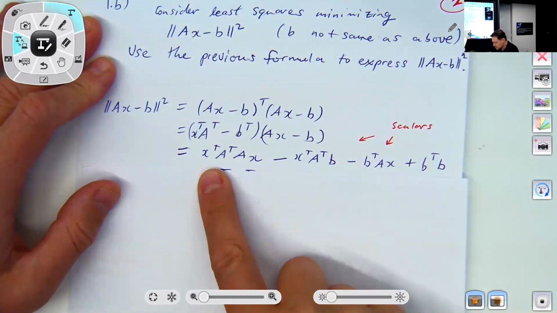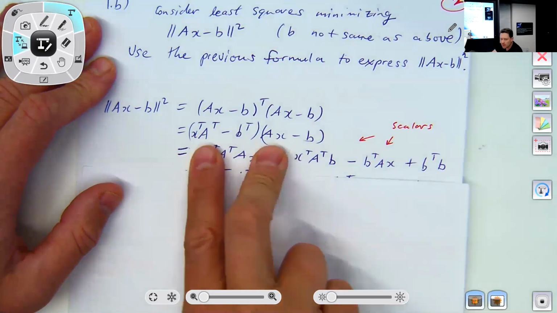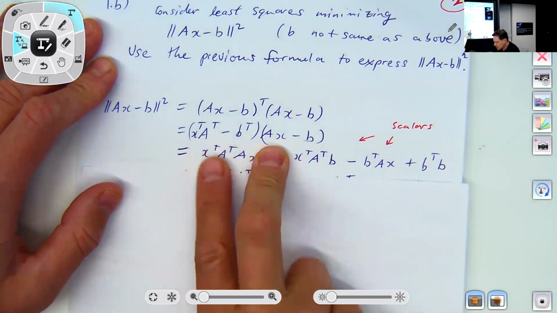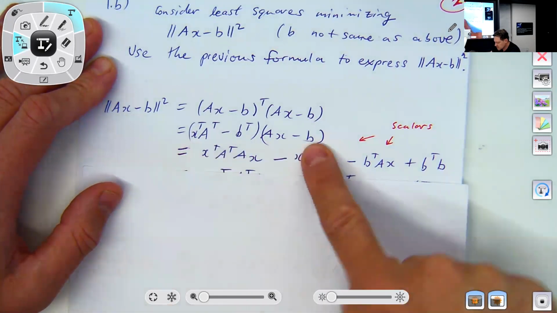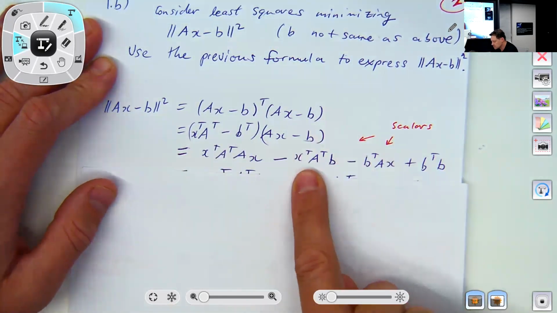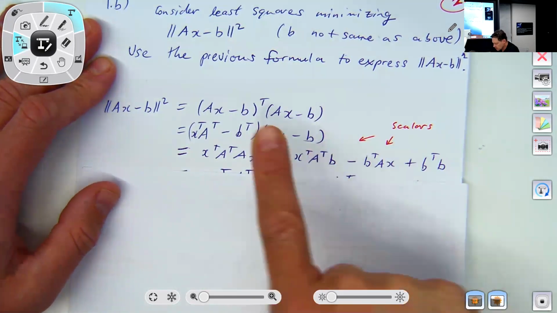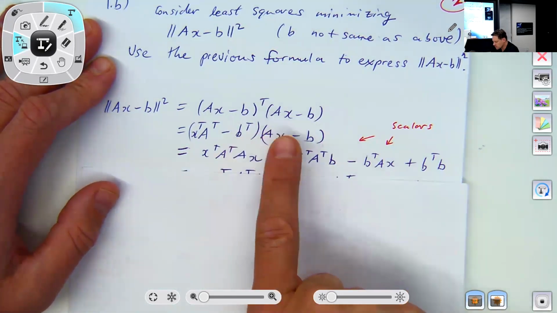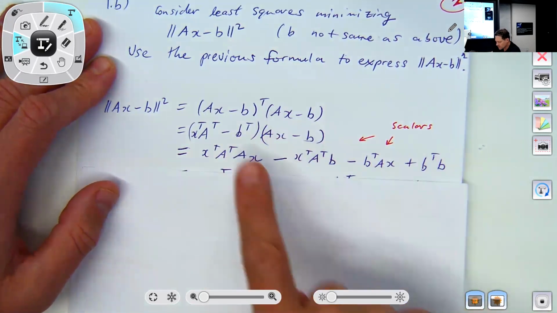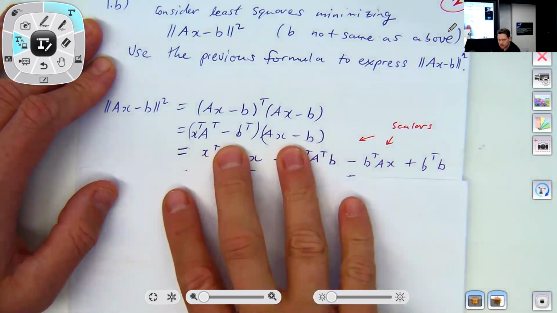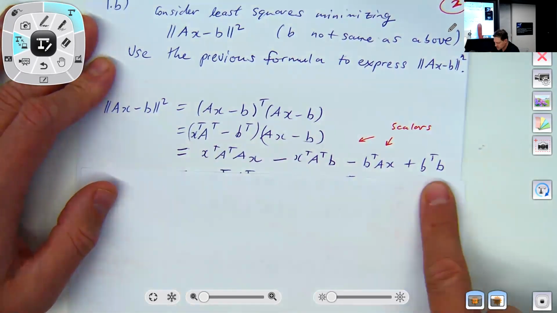That is X transpose A transpose times A times X, this one times this one. Next we take this one times the minus B and get minus X transpose A transpose B. Now we take minus B transpose and multiply it by AX, and we get this one. Finally, we've got two minus signs, minus B transpose times minus B, which is plus B transpose B.